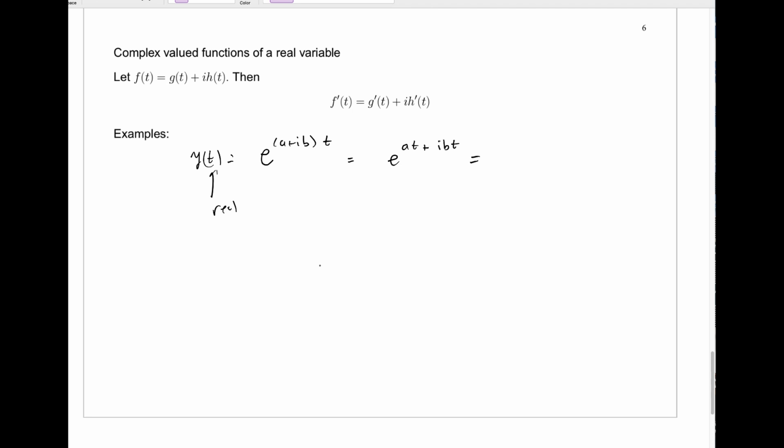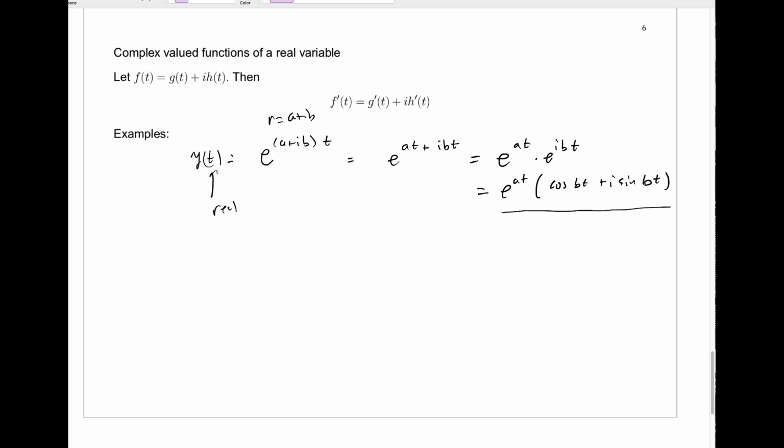And here's something I didn't mention before, but even the complex valued exponential function behaves according to the same rules for exponentials. In other words, we can write this as e to the at times e to the ibt. And using Euler's formula, we can write e to the ibt as cosine of bt plus i sine of bt. So if I think of r equals a plus ib, we can make sense of e to the rt even when r is a complex number, and this is the type of function that we get.